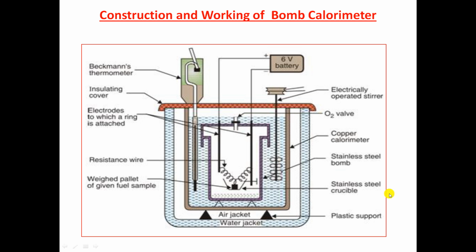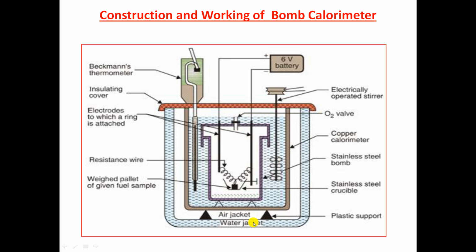The airtight stainless steel bomb is placed inside the calorimeter, and this calorimeter is surrounded by the air jacket and water jacket in order to avoid the loss of heat in terms of heat radiation.